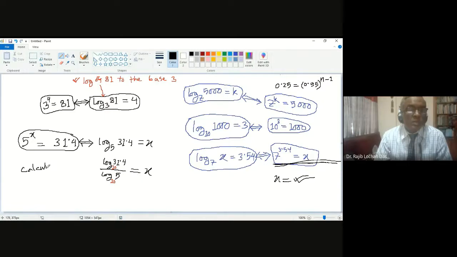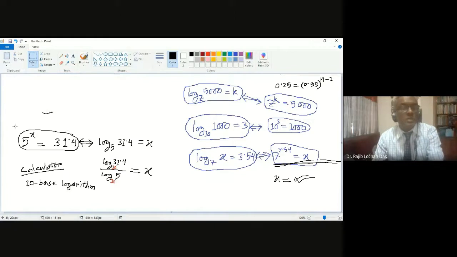This is the 10 base logarithm. Another button in every calculator is called ln.